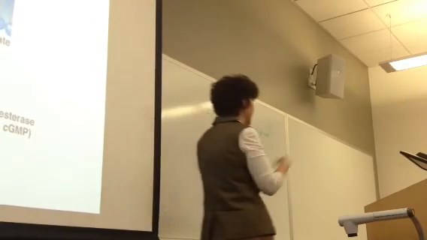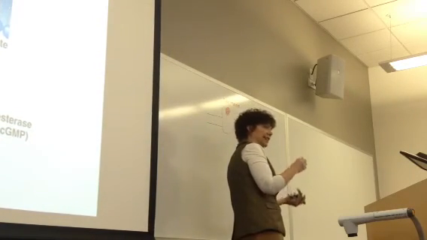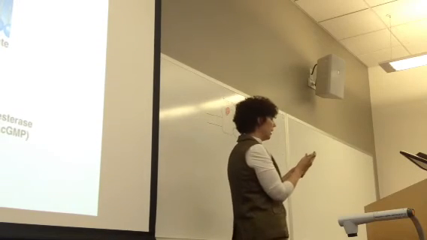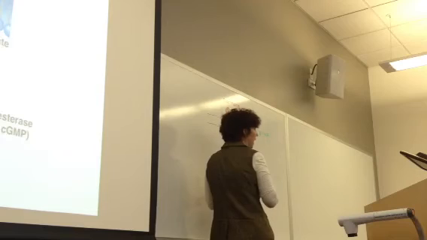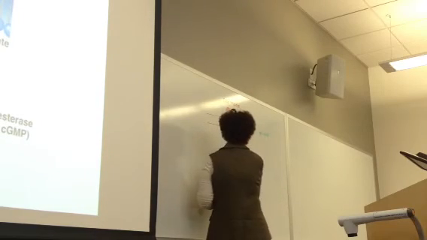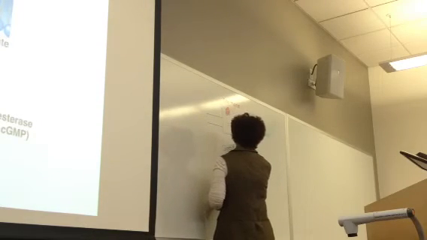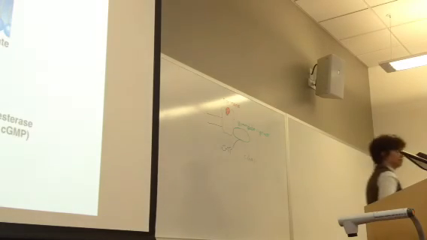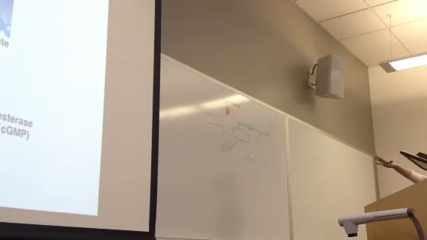So instead of having adenylate cyclase converting ATP to cyclic AMP, we have guanylate cyclase taking GTP and converting it to cyclic GMP. Very similar as far as that is concerned. We just have a different base involved, guanine instead of adenine.